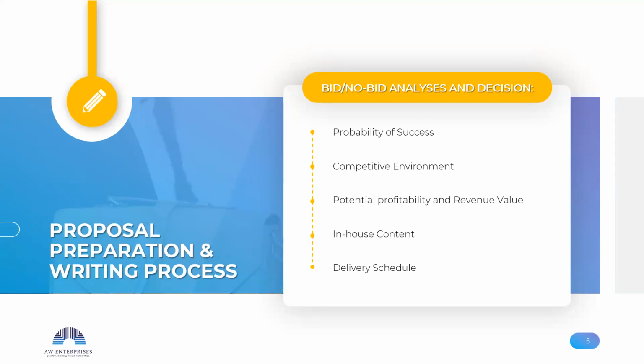So, first of all, you have to read the solicitation and weigh it against who you are as a company and what you can bring to the table for the government. So, what is your probability of success? The next thing you should look at is your competitive environment, because that helps you determine what your probability of success would be.